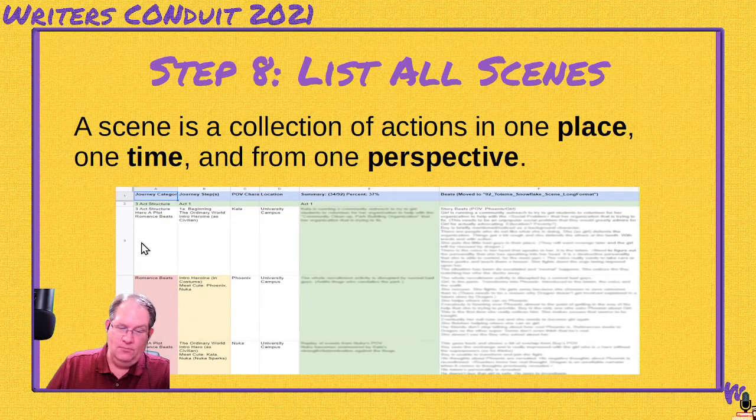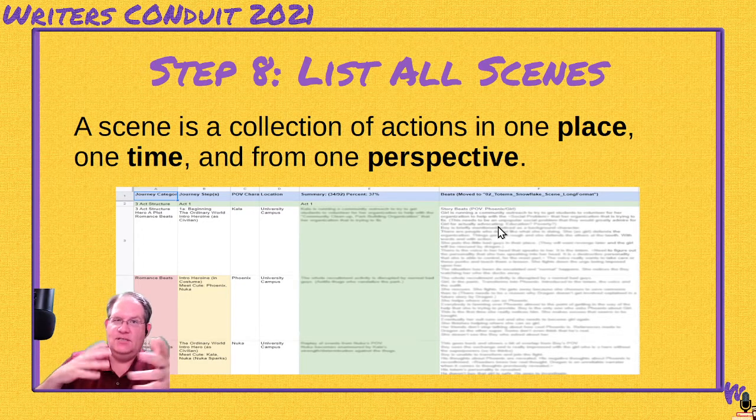For example, row 3 here, this is my hero. She is starting, and this is her ordinary world. It's on a university campus, and then you can see over there all of the stuff that happens in this one scene.